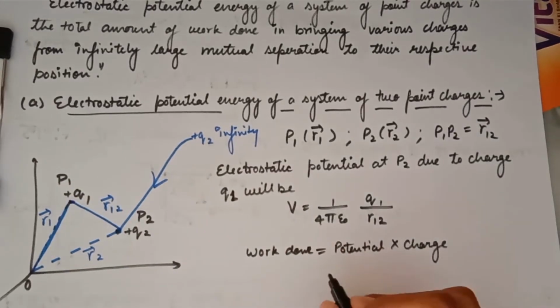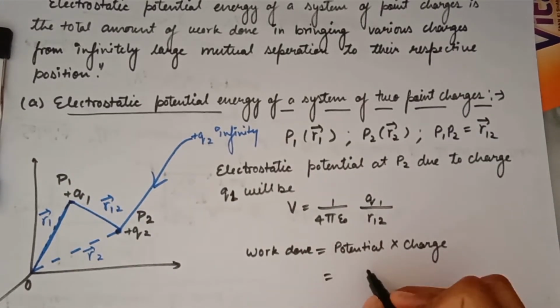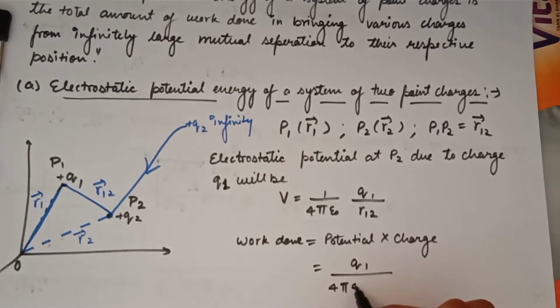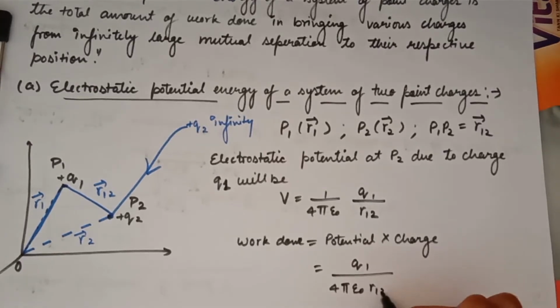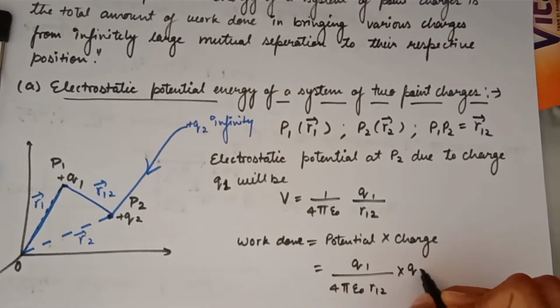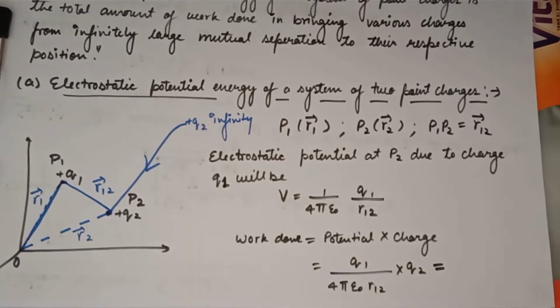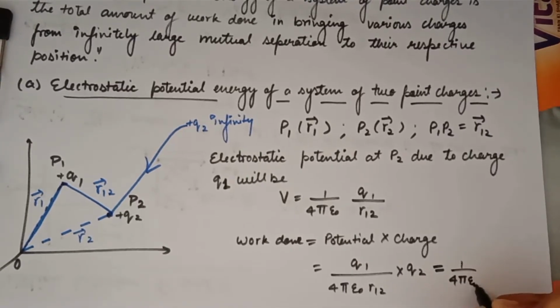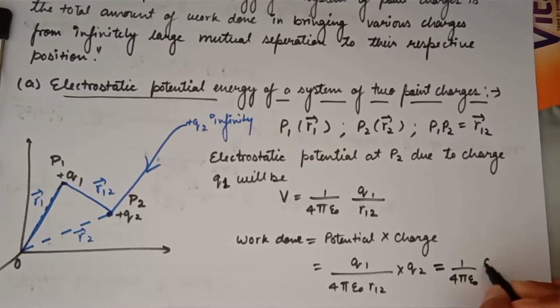So potential will be equal to q1 divided by 4 pi epsilon naught r12 into q2. So this gives us 1 upon 4 pi epsilon naught q1 q2 divided by r12.